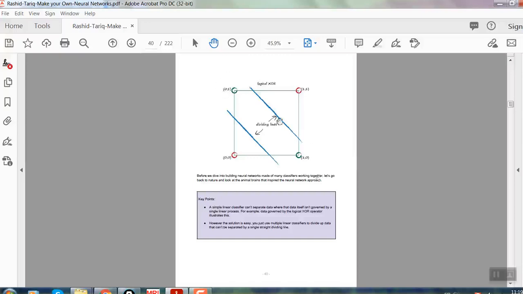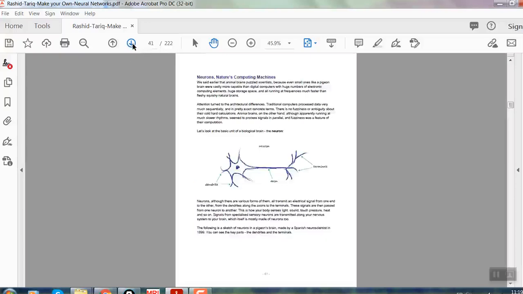For this data, we need two lines. And sometimes linear classification cannot segment or classify the data, and we need nonlinear classification.